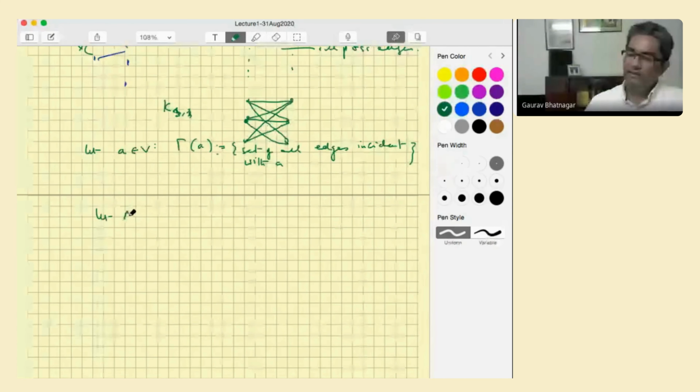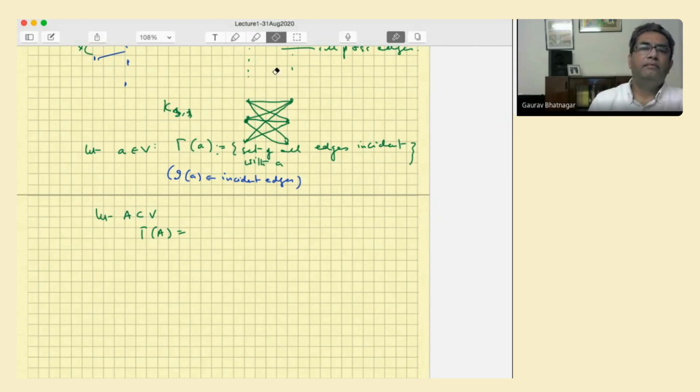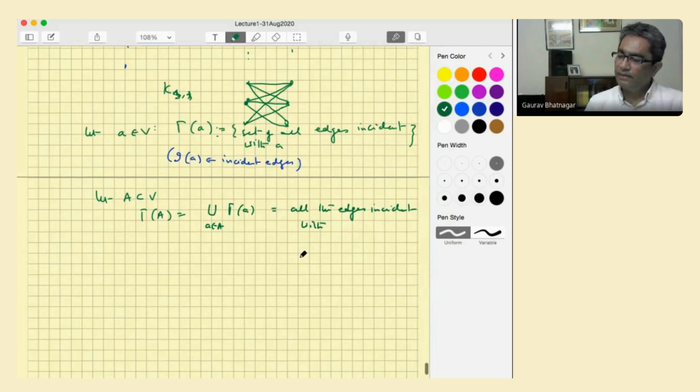Let A be a subset of V, then gamma of A, which in other books is written as I of A, for incidence, is the union of gamma of a over a belonging to A. So this is all the edges incident with all the vertices of A, where A is a subset of the vertex set V.